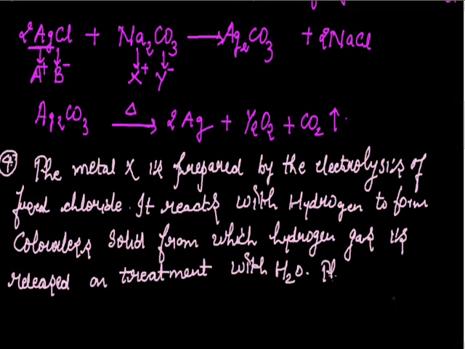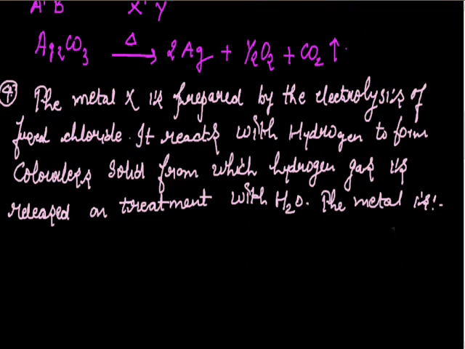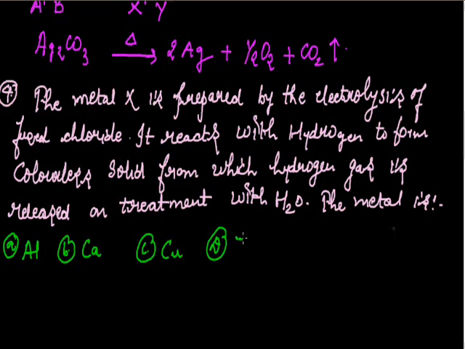We have to choose the metal from the given options. The options given here are: A, aluminium; B, calcium; C, copper; and D, zinc.